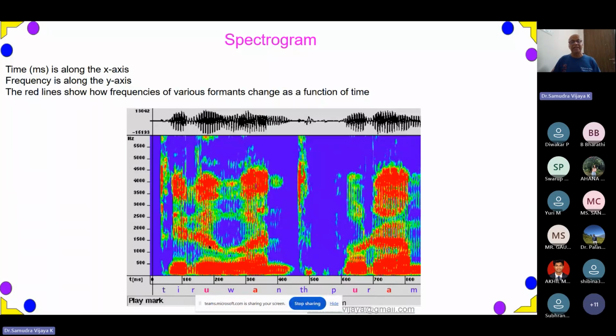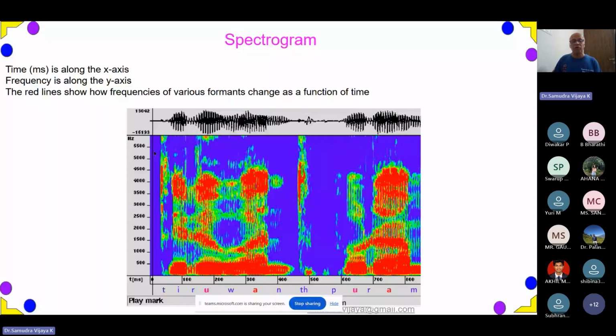Now notice that different sounds are spoken as a function of time along the x-axis, the corresponding waveform is here, and the spectrum also changes. The red means more energy. Right at the beginning, there was silence, no energy at all frequencies, therefore it's all blue. Green means medium energy, and red means high energy.